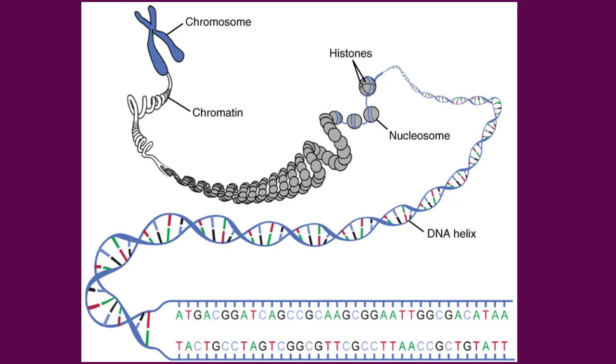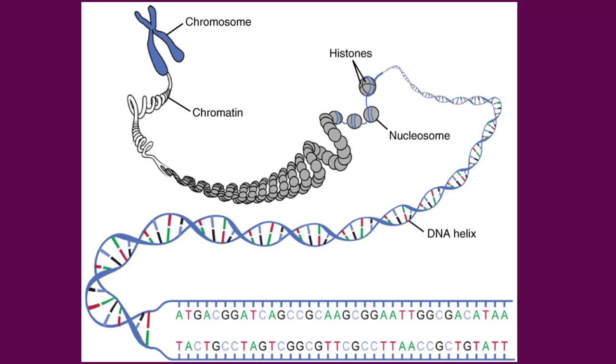A nucleosome is a single wrapped DNA-histone complex. Multiple nucleosomes along the entire molecule of DNA appear like a beaded necklace, in which the string is the DNA, and the beads are the associated histones.